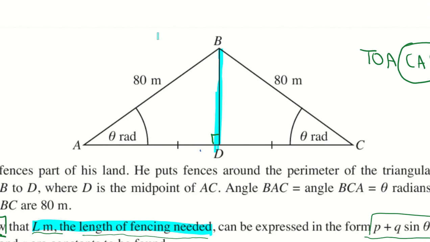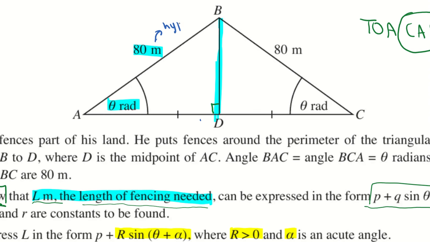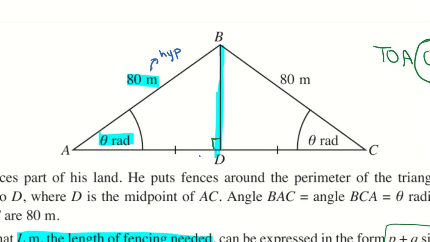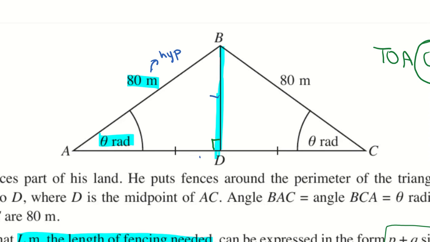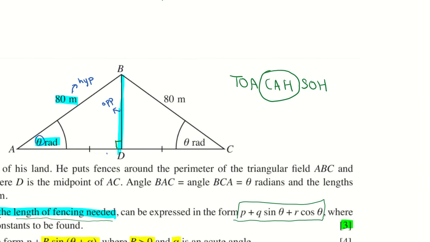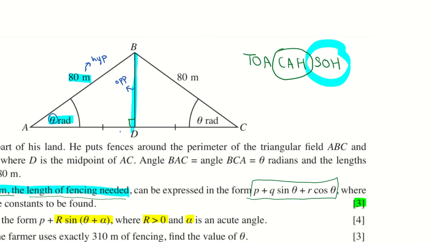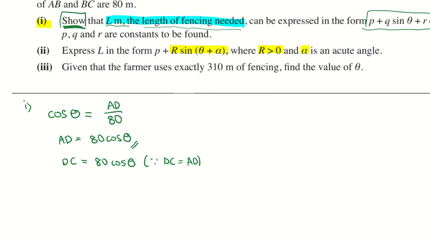So 80 is the hypotenuse, right? Then BD is opposite to this theta. Opposite and hypotenuse, which one can I use? O and H, I can use sine. So I rewrite it, I use blue color.